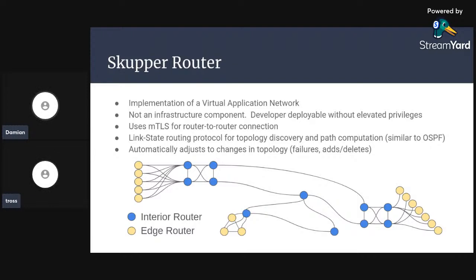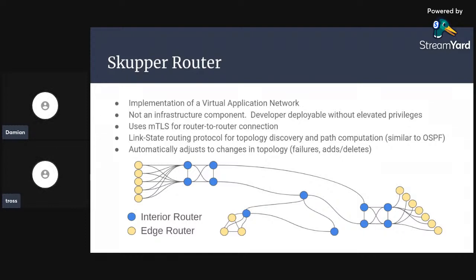You can also think of it as part of your application middleware or part of an application itself. The idea is to build a network very quickly for the purpose of distributing your application where it needs to go. And then when you're done with it, you can tear it down, or you can keep it or modify it as needs arise.